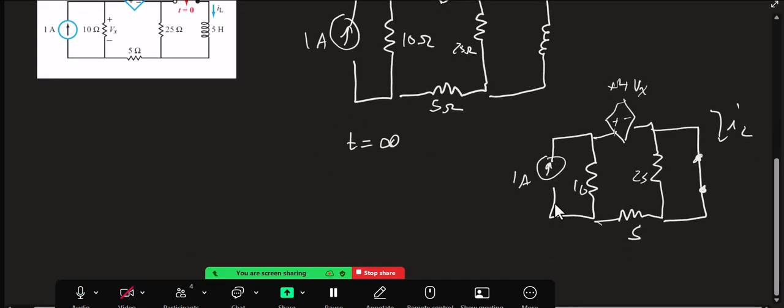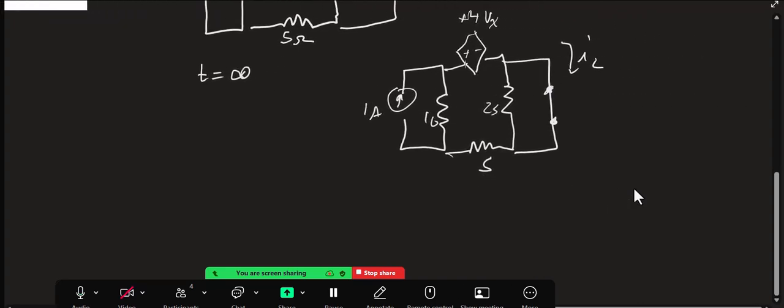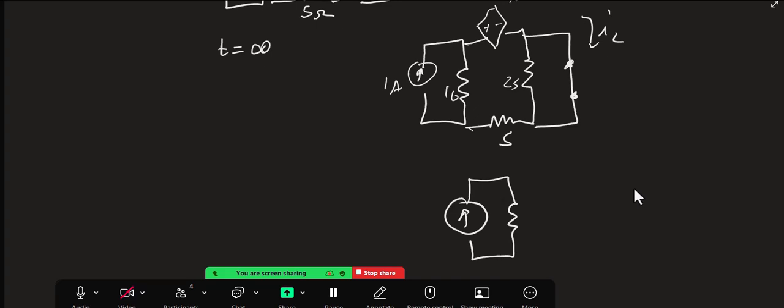Now, also, let's take a look at this circuit that we just drew. When that inductor becomes a wire, what does that do to the 25 ohm resistor? It shorts it out. Anytime you have a wire in parallel with the resistor, it's going to be shorted out. So we can rewrite this like this. Whoops, not like that.